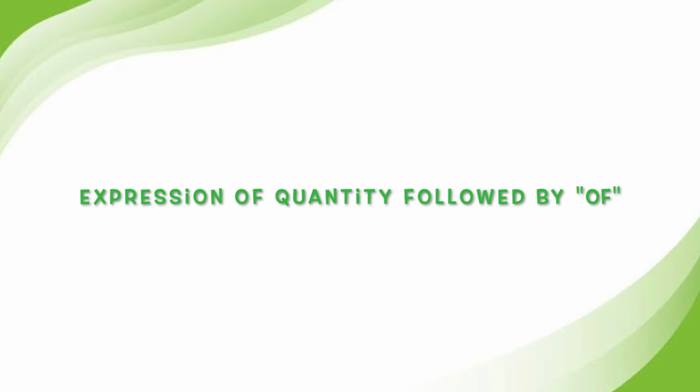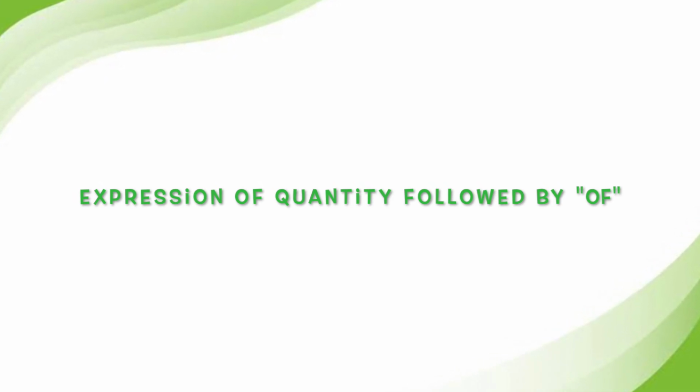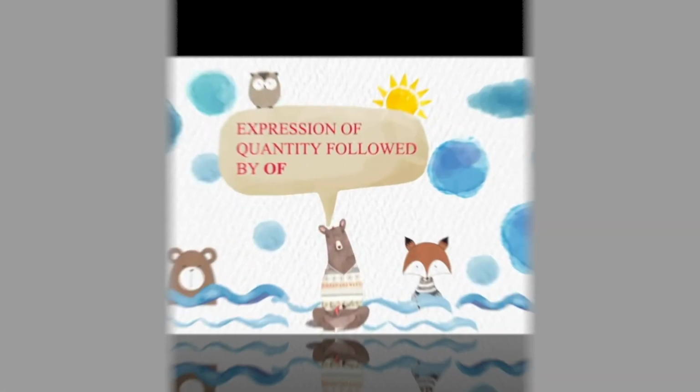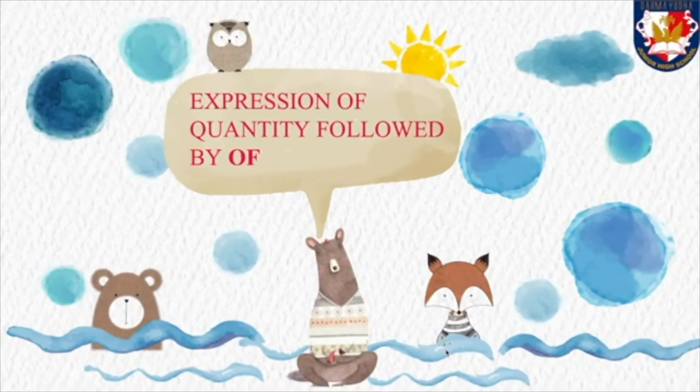And let's continue to watch the explanation about expression of quantity followed by of. In this unit, we are going to talk about the quantity of things which is followed by the preposition of.